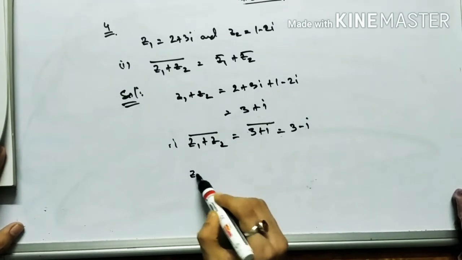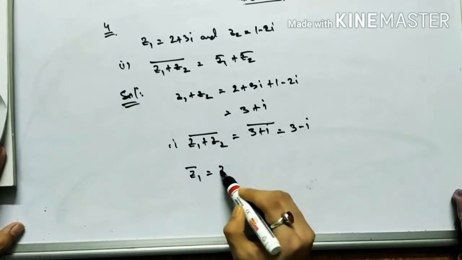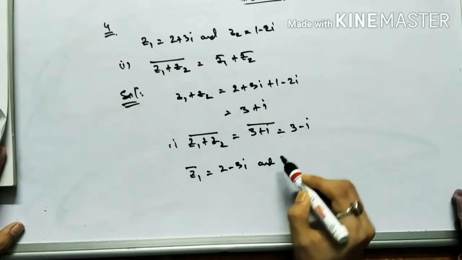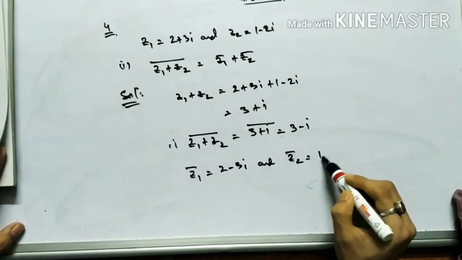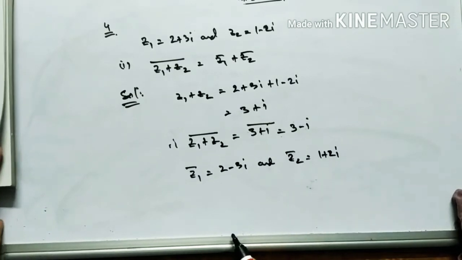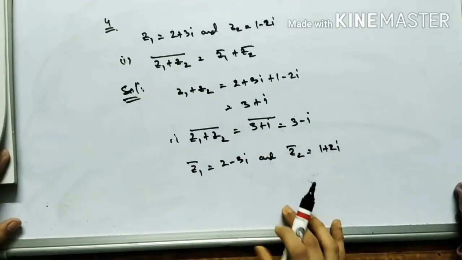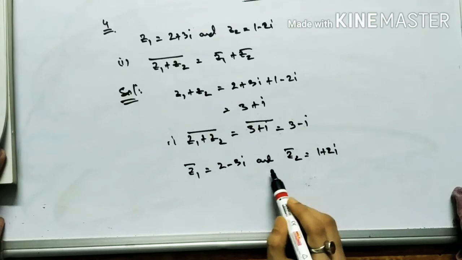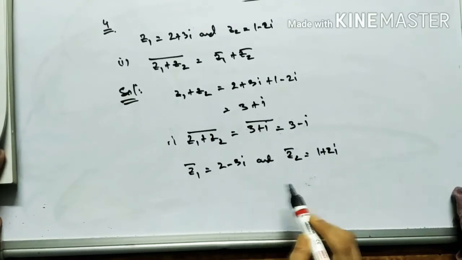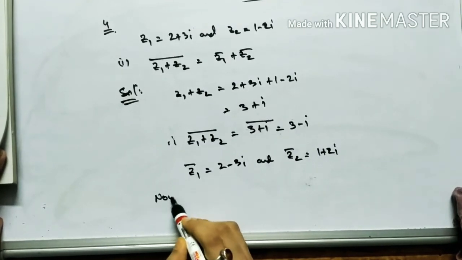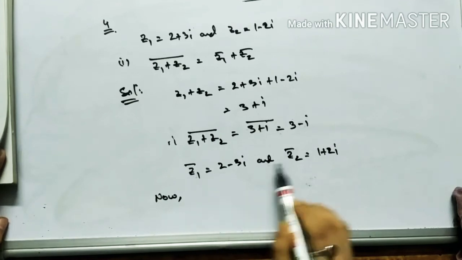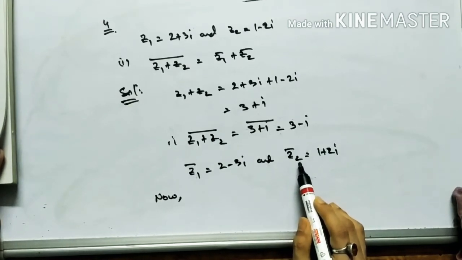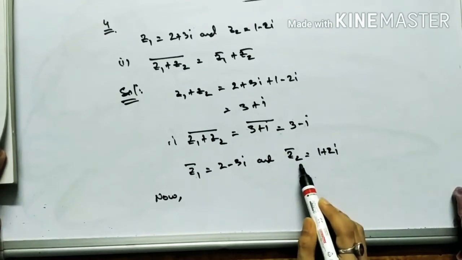And then again z1 bar I get 2 minus 3i, and z2 bar gives me 1 plus 2i. Now you see this is z1 bar and this is z2 bar.